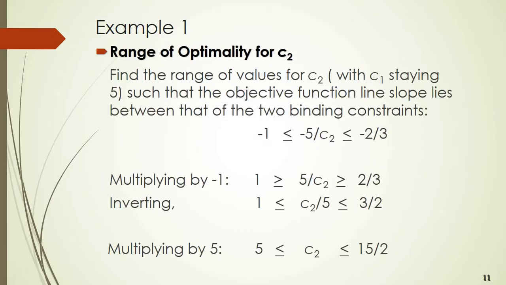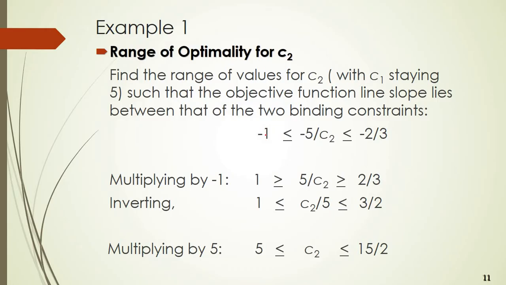Our next one is we are going to compute the range of optimality for C₂. Find the range of values for C₂ with C₁ staying at 5, such that the objective function line slope lies between that of the two binding constraints.